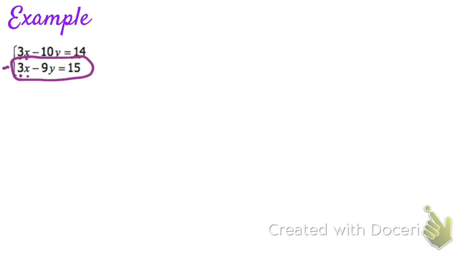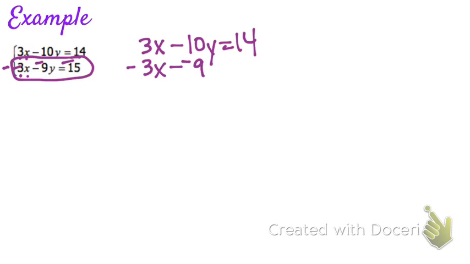So we have to subtract the 3x, we have to subtract the -9, and we have to subtract the 15. So what we end up with, if we want to write it down over here, minus 3x minus -9y and minus the 15.